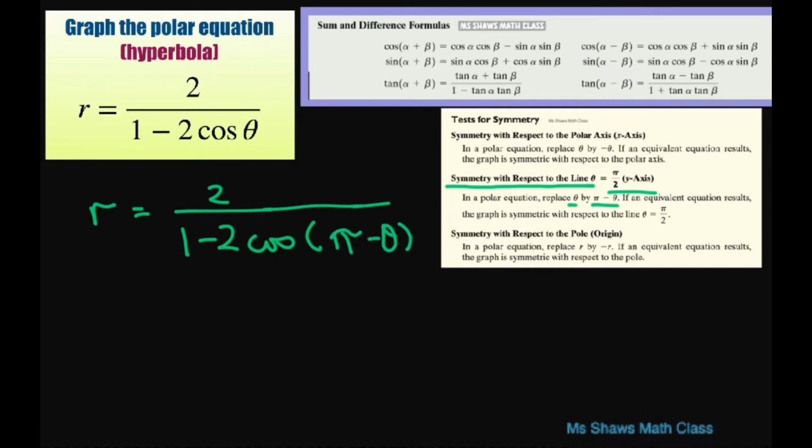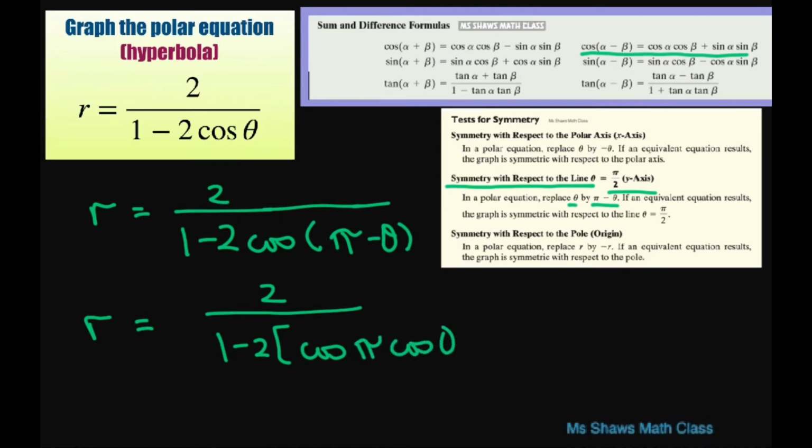We're going to use our difference formula and expand that. So you're going to get 1 minus 2 times cosine of pi cosine of theta plus sine of pi times sine of theta.